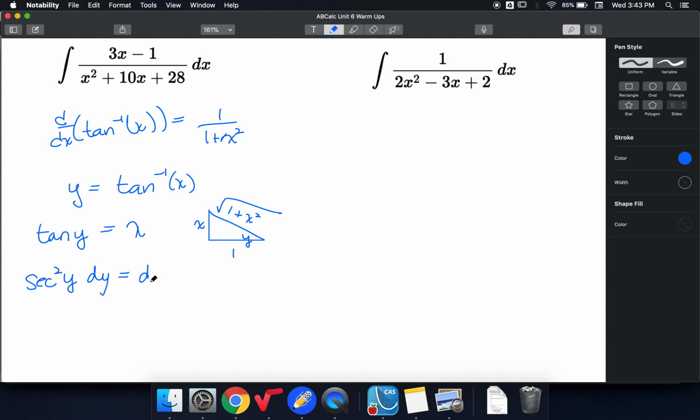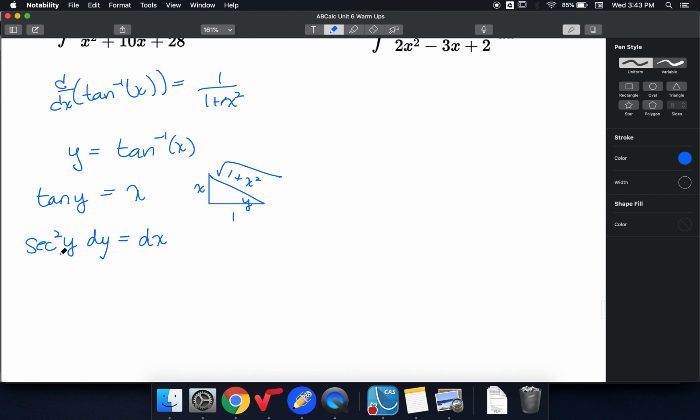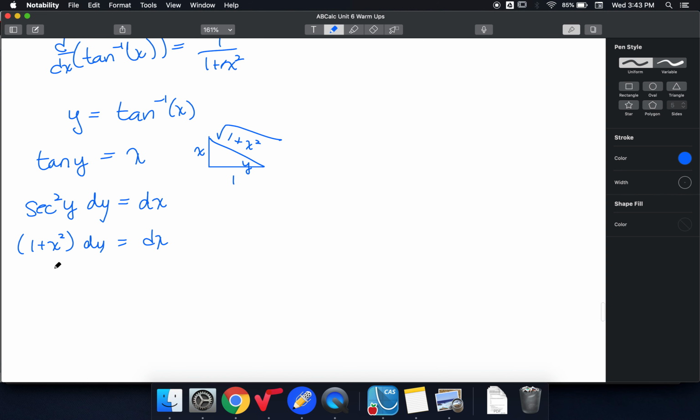Derivative of x is dx. And I'm leaving it this way to help think backwards with my integration. Secant of y, well, that's the opposite of cosine. So secant y is square root of 1 plus x squared, but then secant squared would be 1 plus x squared. So dy is 1 over 1 plus x squared dx.